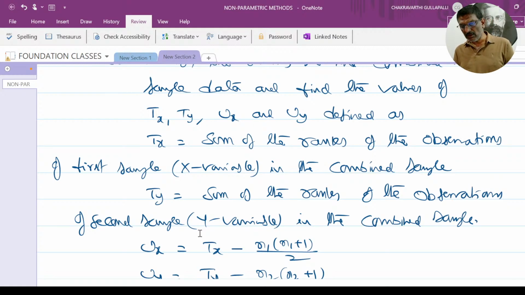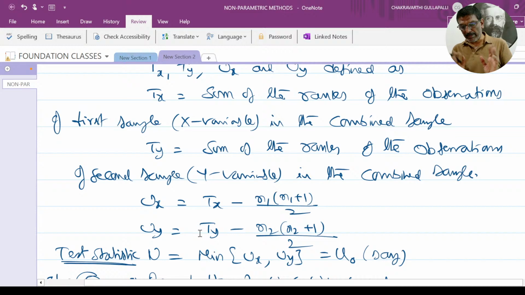After combining, you have to give the ranks. So some ranks are there for x variable values and y variable values. Now you have to calculate Tx and Ty. Tx is the sum of the ranks of the observations of the first sample in the combined sample. Ty is the sum of the ranks of the observations of the second sample, the y variable, in the combined sample.